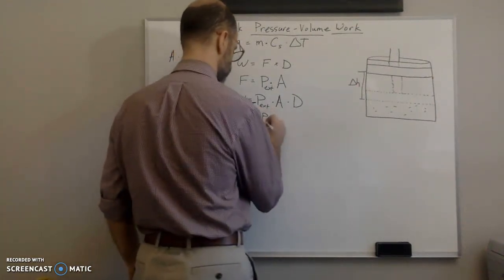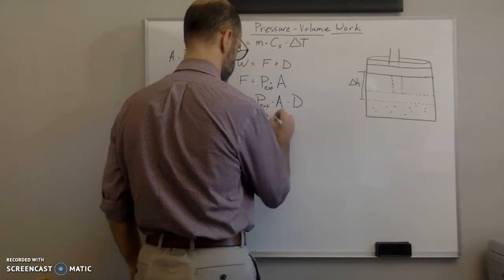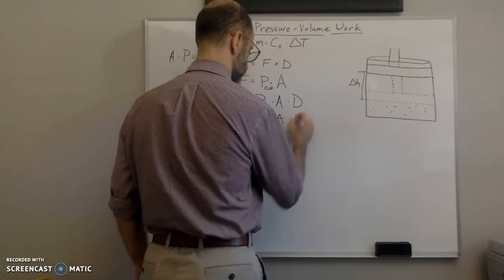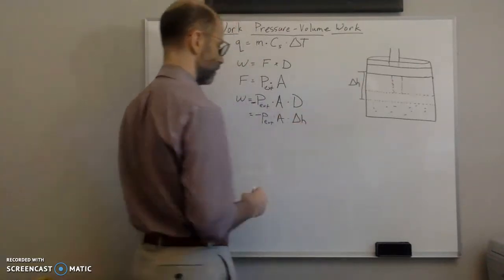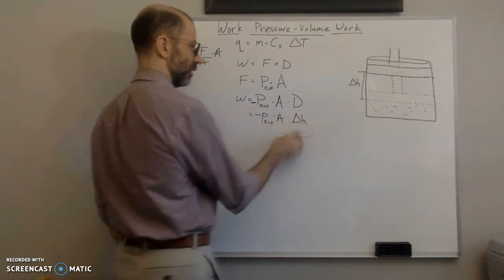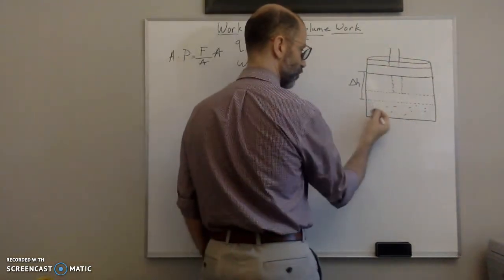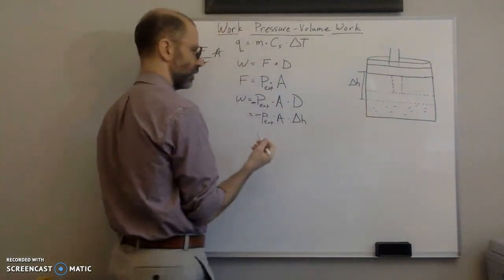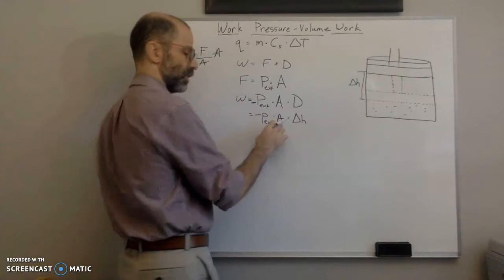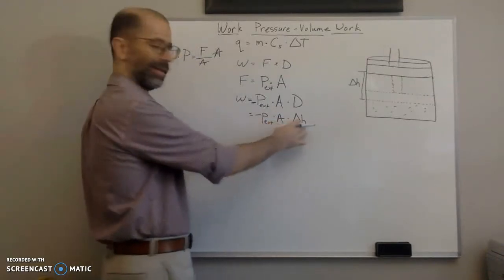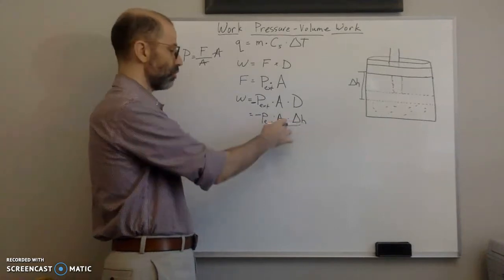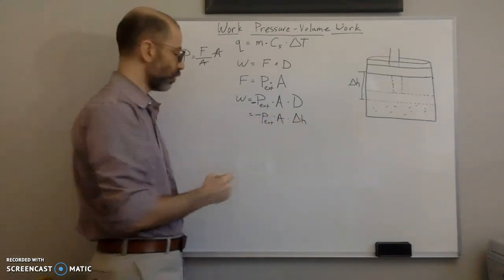So negative external pressure times area times change in height. And area times height, if you're thinking about the area of a circle here, that could be the area of the circle, but if we understand area times height, area is a square unit, height is a length of some sort or distance, and so to multiply those together, you get a change in volume.